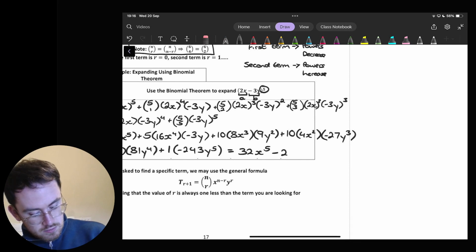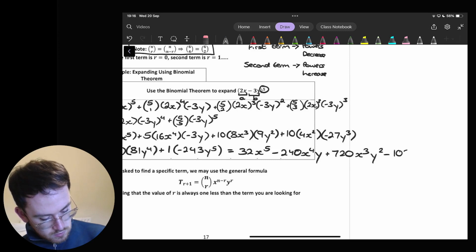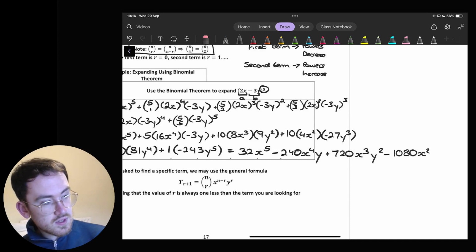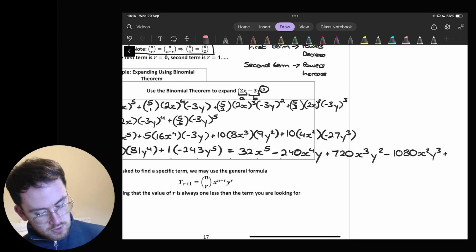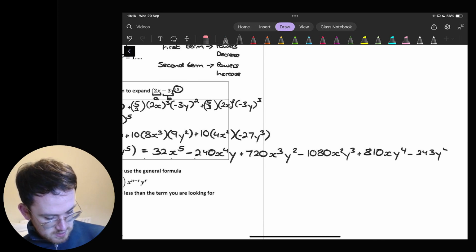This is just by computing those values. I'm just going to copy it down here to save us working them out. x cubed y squared minus 1080x squared y cubed plus, let's keep going, over to one side, 810xy to the power of 4 minus 243y to the power of 5.